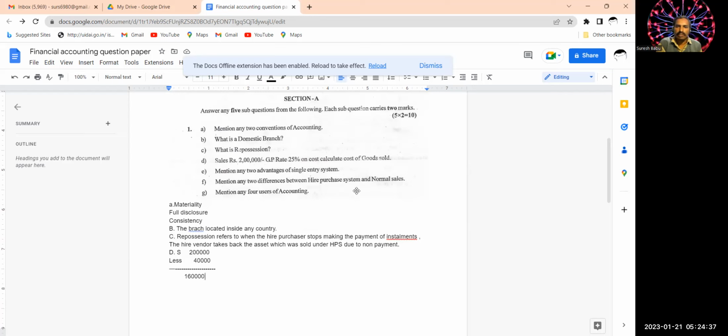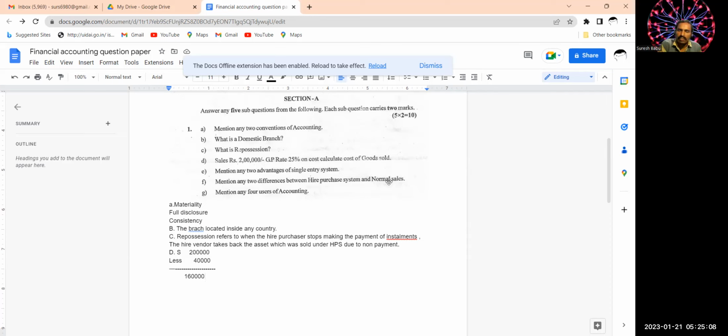Mention any 2 differences between hire purchase system and normal sales. See, in case of hire purchase system, it is an agreement between hire purchaser and hire vendor. Goods are transferred from hire vendor to hire purchaser on the basis of hire purchase system. That is, hire purchaser agrees to pay the balance in down payment as well as installments.